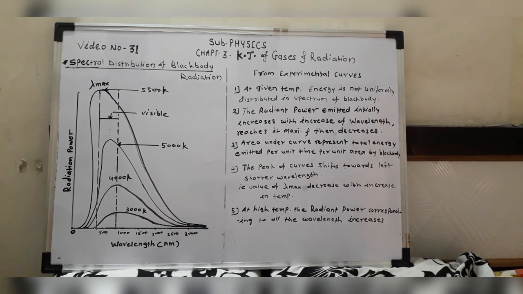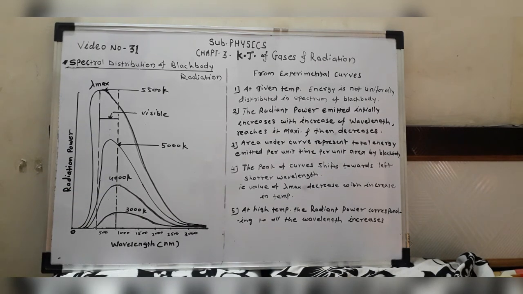The next observation is that the area under these curves represents the total energy emitted per unit time per unit surface area by the black body.